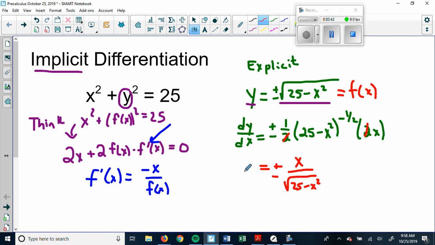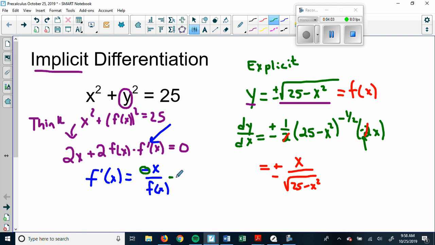Oh, you know what? I messed something up here. This is a negative here, a negative here. So this would be a negative x, but still that plus or minus takes care of that. So that's where this negative comes from, is this negative I failed to put in here.